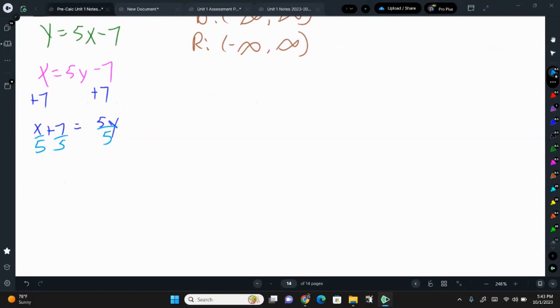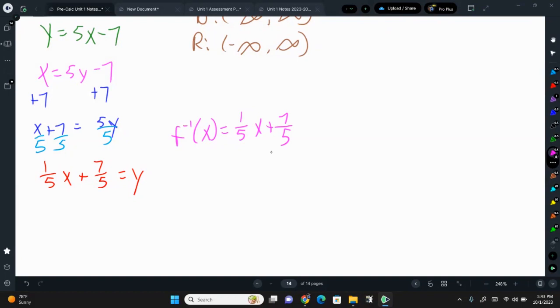That's going to give us 1/5 x plus 7 over 5 equals y. We now have y by itself, so we're going to write this in inverse notation. So you'll notice that inverses of linear functions are also functions. We don't need to do any restrictions or anything like that.